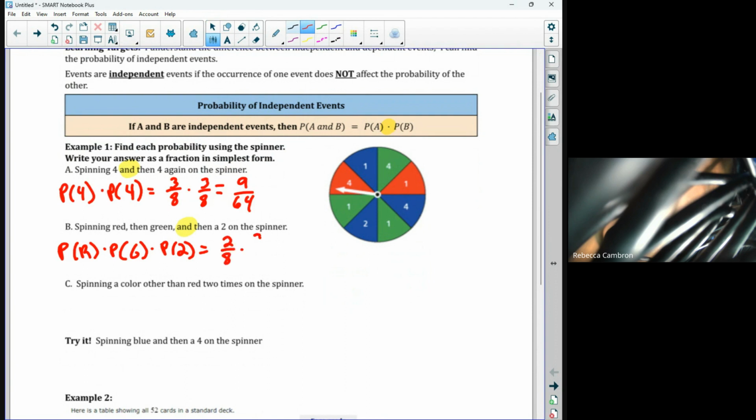There are 3 out of 8 green. And there is 1 slice of the wheel that has a 2. Now you're welcome to reduce before. I typically just multiply straight across and then reduce. Totally up to you. 6 out of 512. If you divide top and bottom by 2, you get 3 out of 256.